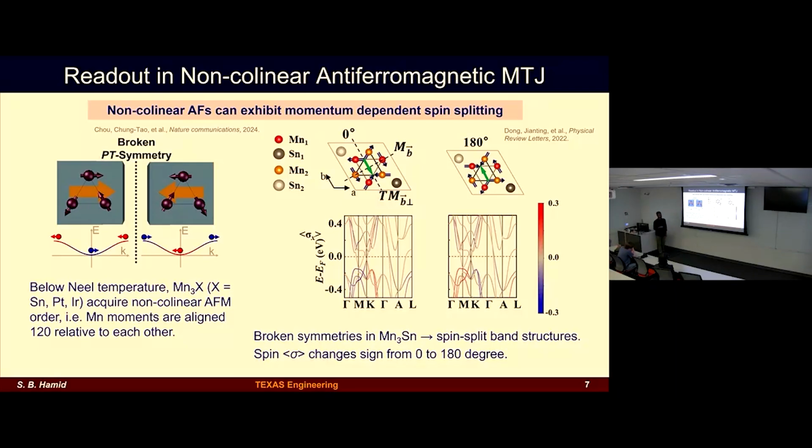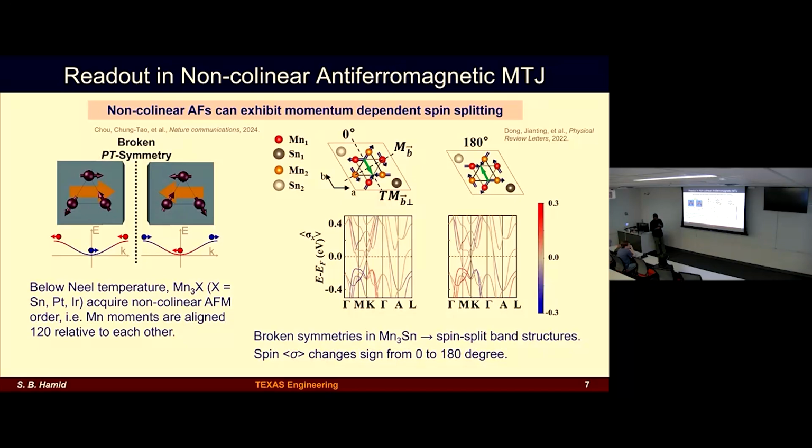So what is the takeaway from this? You can see that as we change from the first Néel state to the other one, so changing basically each spin by 180 degrees, the spin expectation value along the x-axis changes for each band at each k point.